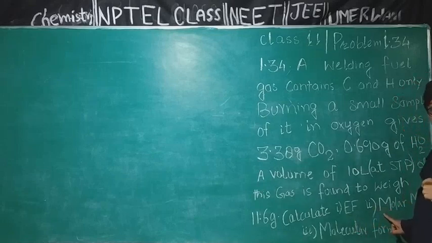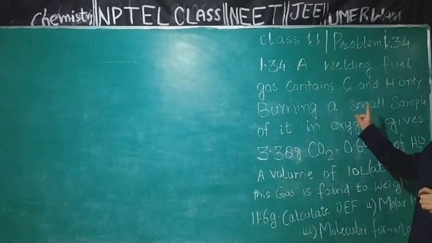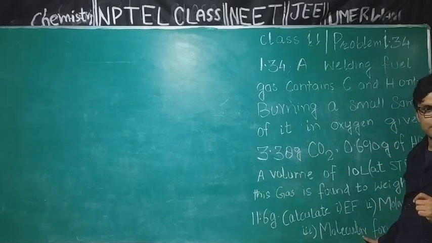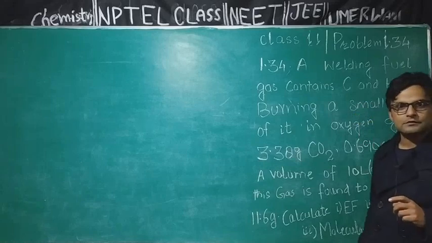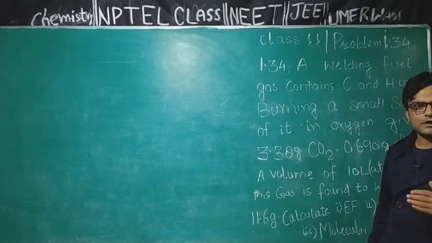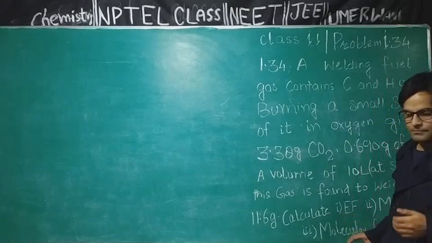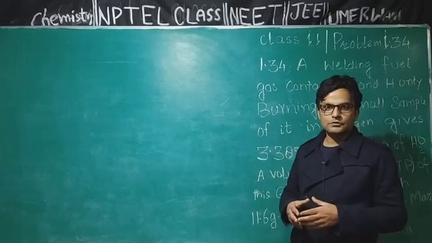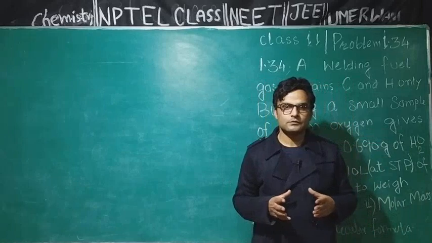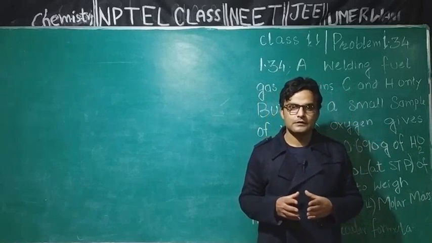Molar mass is the mass of one mole of substance, and here the substance is gas. Molecular formula is the actual formula of a compound, and it conveys information about the actual ratio of mole atoms of various elements present in the compound.